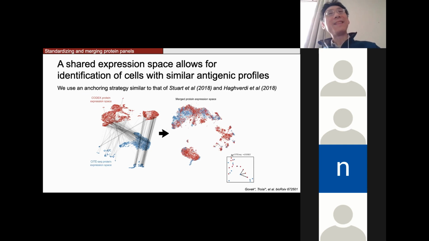Okay. That actually leads to another question I have. When you look at the Codex data, that's basically just a section of the tissue, not the entire tissue. But with single cell RNA sequencing, we basically grind the whole tissue and dissociate it into single cells. So we have the cells from all the different layers of the tissue sections.